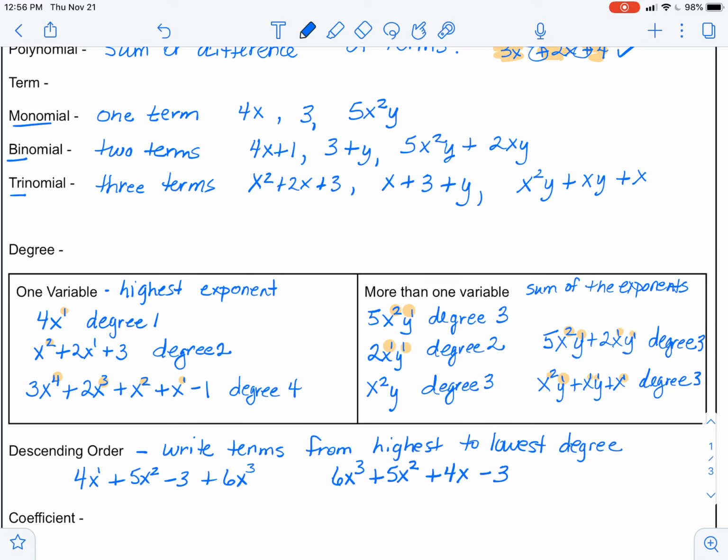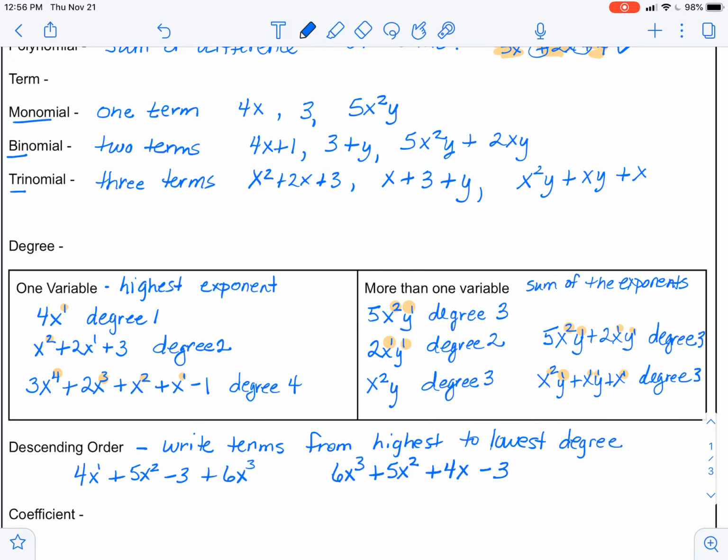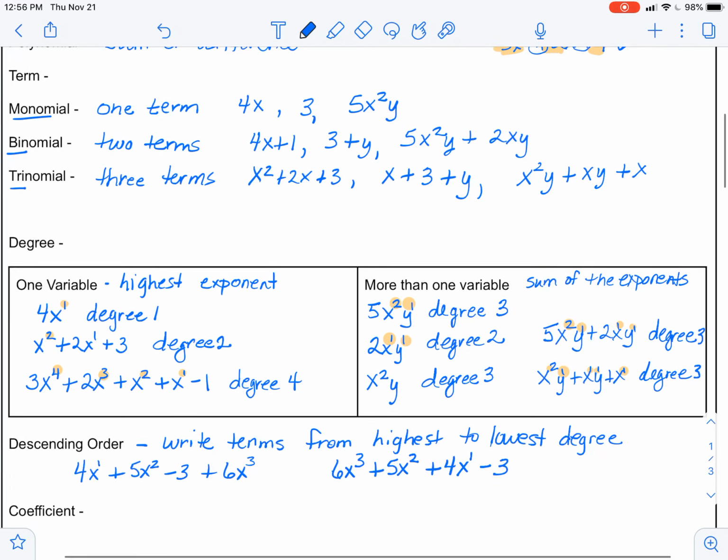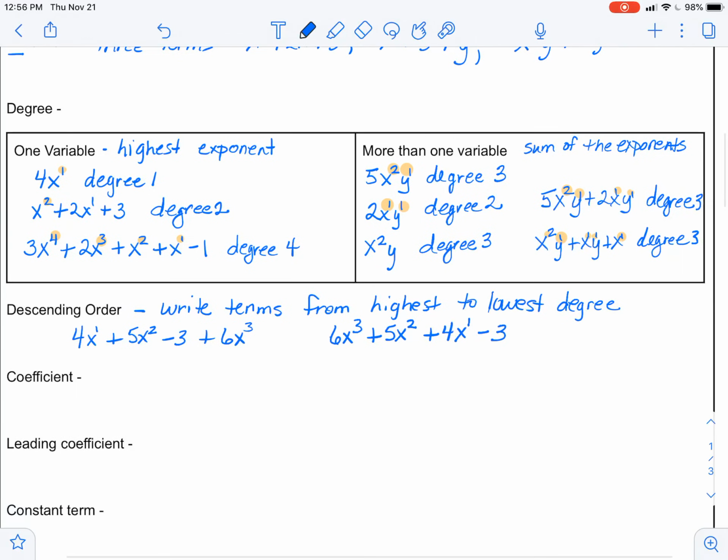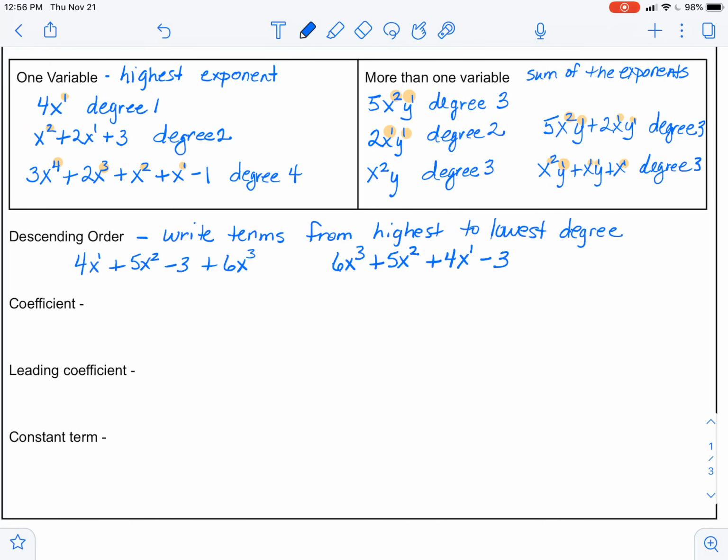So again, your descending order is always from your highest to your lowest, and it is the expectation that anytime you write a polynomial, it is in that order, okay? Now, sometimes you might have one of those degrees that's missing, where this one actually goes 3, 2, 1. Sometimes one of those might be missing, and that's okay. Okay, the next word is the coefficient, okay?